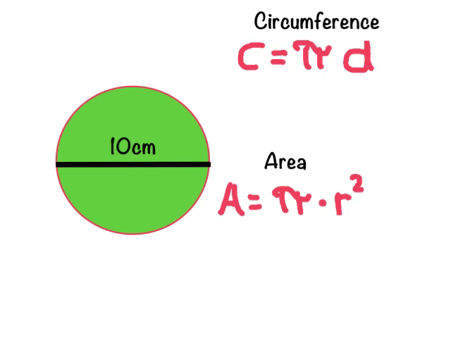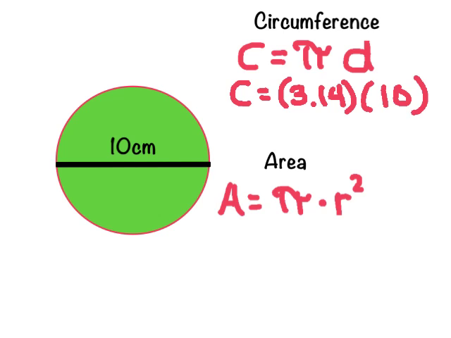Okay, how'd you do? Well, let's take a look at it together. Circumference, pi times the diameter. I've got my symbol of pi, I've got d for diameter, and now I'm going to substitute and solve. So, circumference equals the number for pi that we're using, 3.14, and diameter here is 10 centimeters.